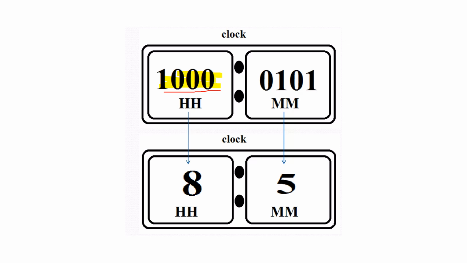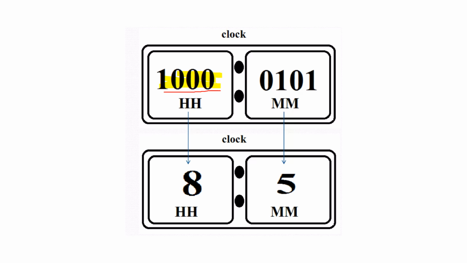And now this is the clock which will represent the digital values. This format can be called the 8421 format. The time represented on your board is 8 hours 5 minutes.